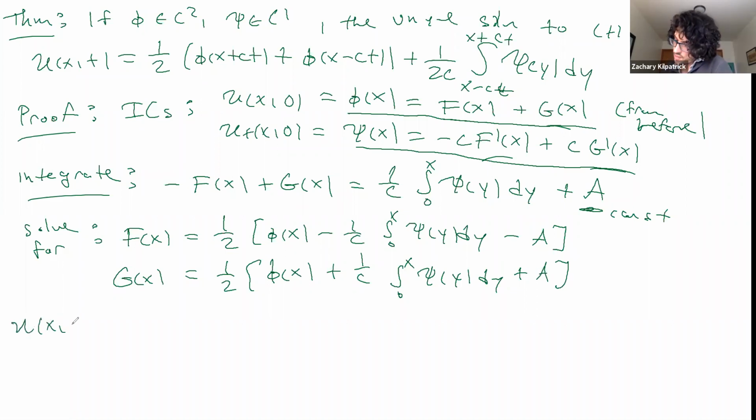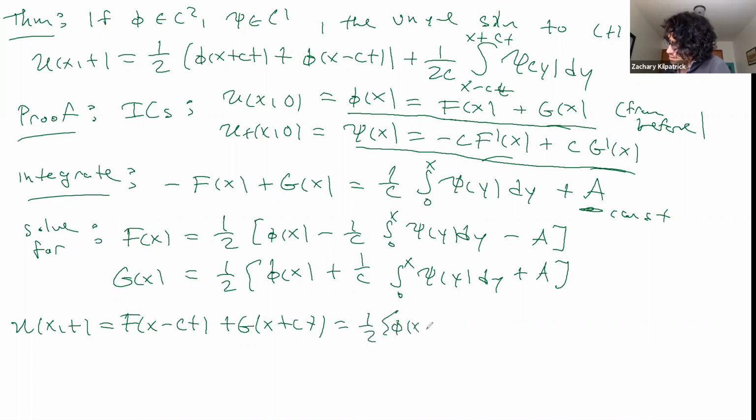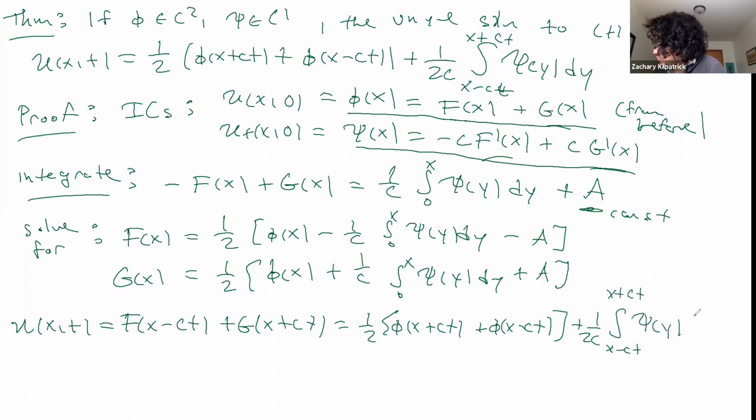When I plug this in and combine the terms on the right-hand sides of these two equations, I end up with a half phi of x plus ct plus phi of x minus ct, plus 1 over 2c integral from x minus ct up to x plus ct psi of y dy, and the a's cancel out.